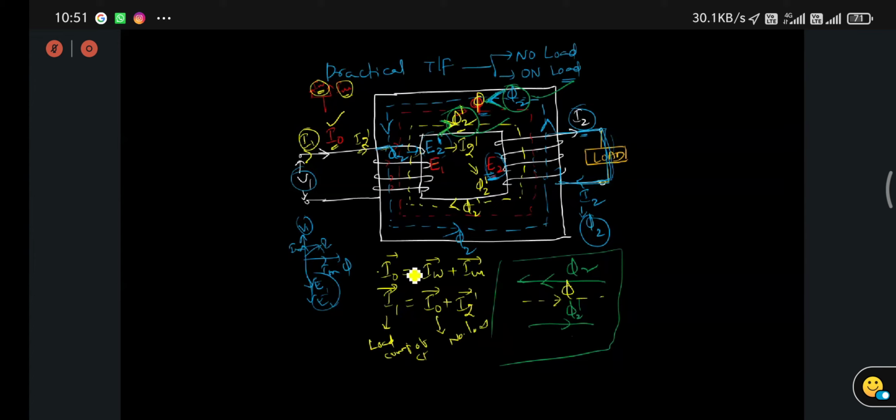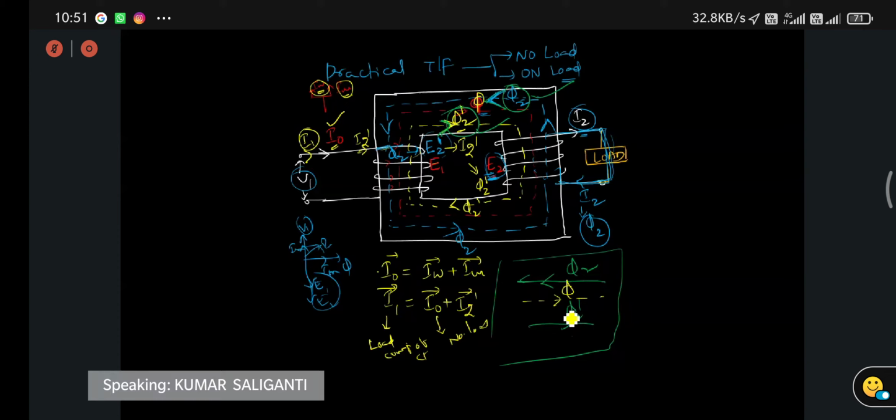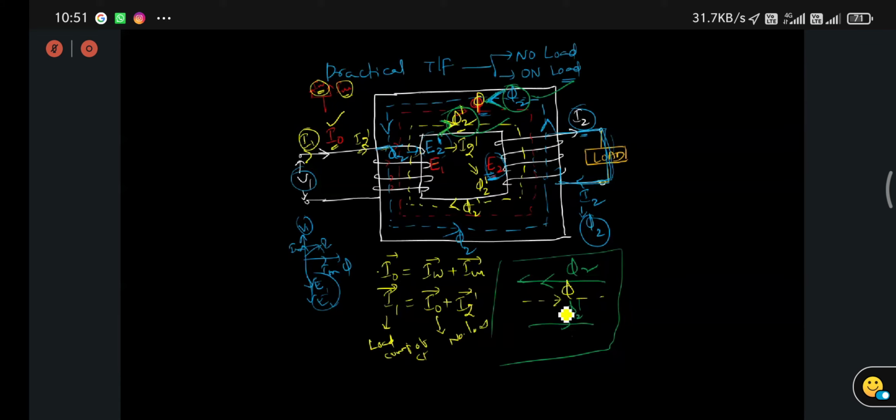But in practice, in a practical transformer, there is a dynamic equilibrium obtaining between pi 2 and pi 2 dash. So what happened here?